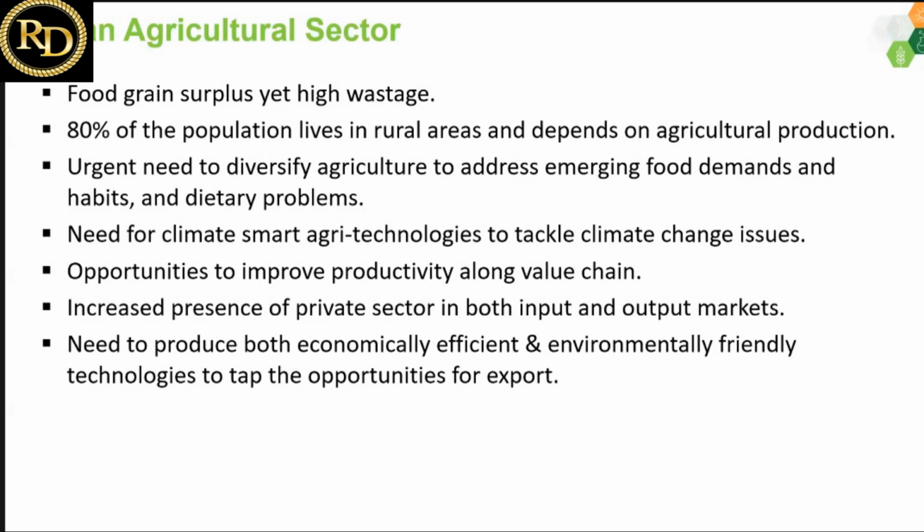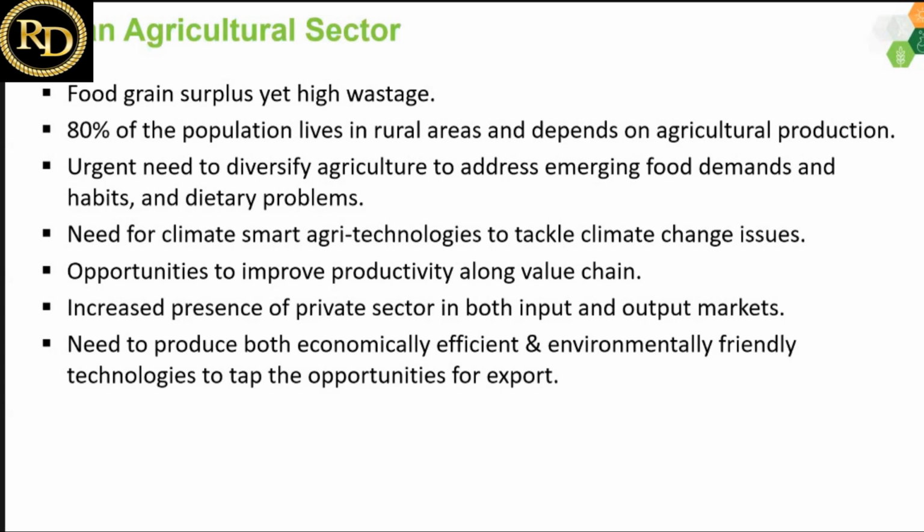We see wastage in the Food Corporation of India godowns, wastage in the public distribution system, wastage in our houses. We store what will be needed for one year, but more than half of the food grains we store in our house also go to waste. So that is very important: food grain surplus with high wastage. And 70% of the population lives in rural areas and depends on agriculture.